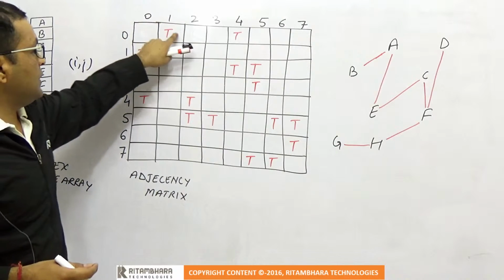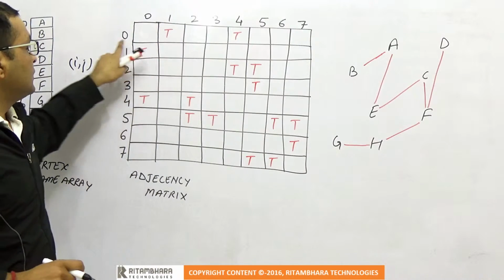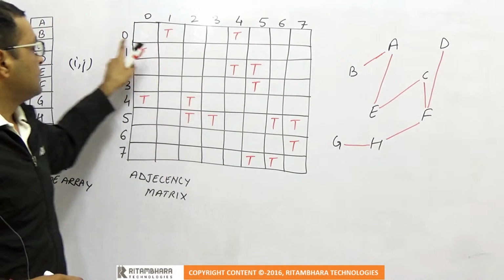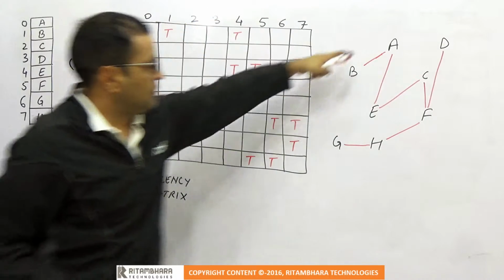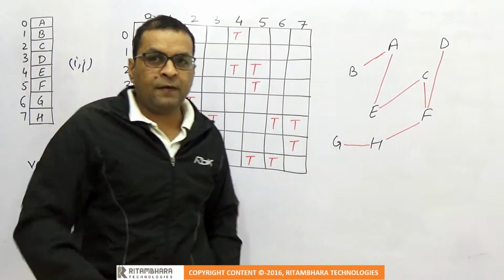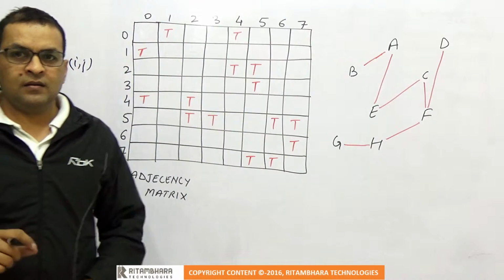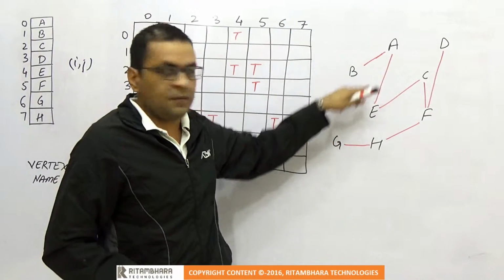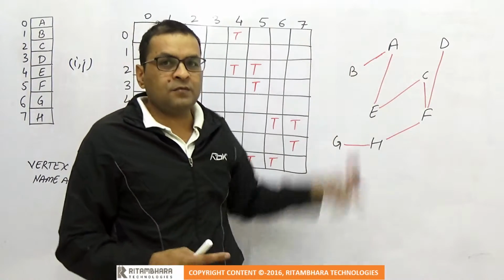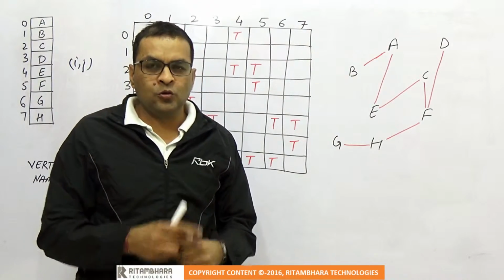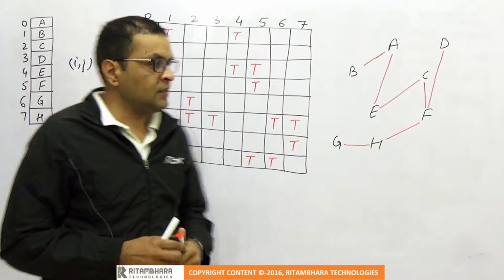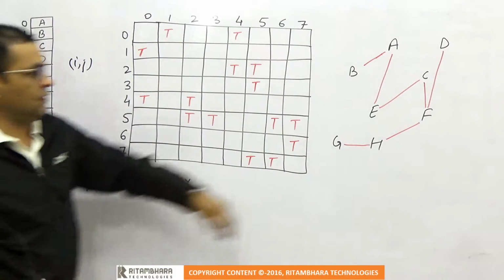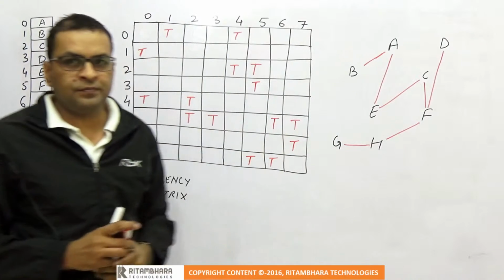So here 0 and 1 are friends, 0 and 4 are friends. 0 is A, 4 is E. A and E are friends. And friends are represented by edges in the graph. So we have edges which represent connections and vertices which represent users. Users are friends if there is an edge between two users.